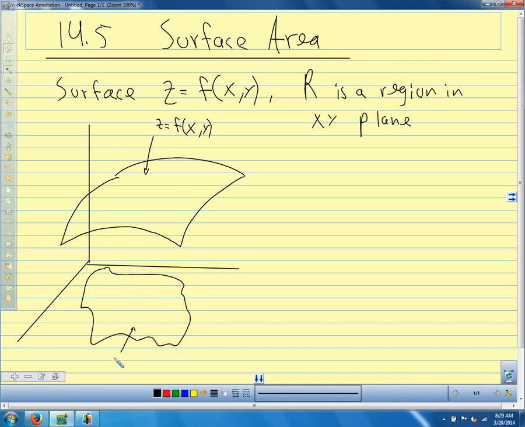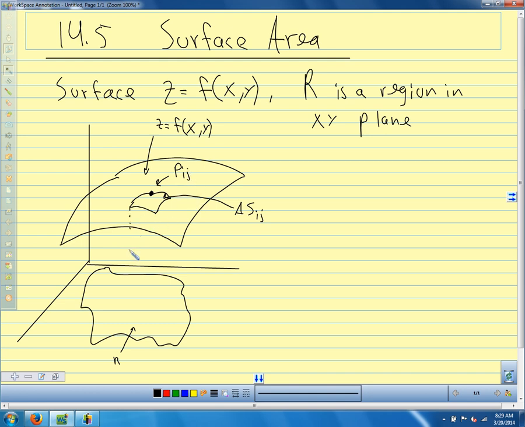There's R. And just like we've done with everything else so far, we're going to divide this into little pieces. We're going to call the area of this little piece of surface delta S sub ij, and we're interested in this point here, which we'll call point ij.